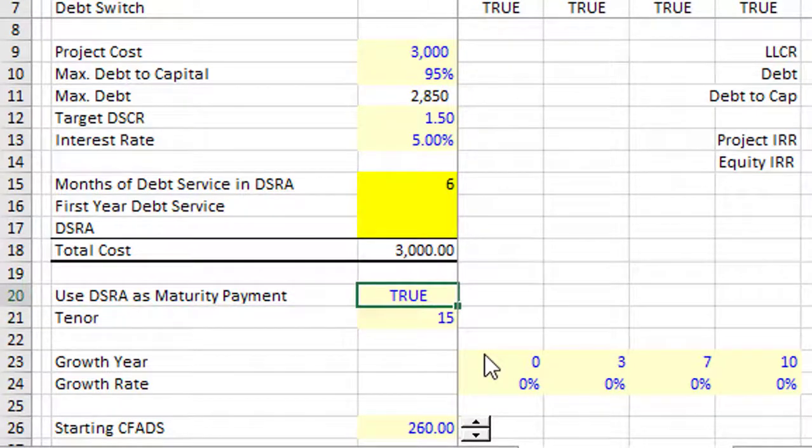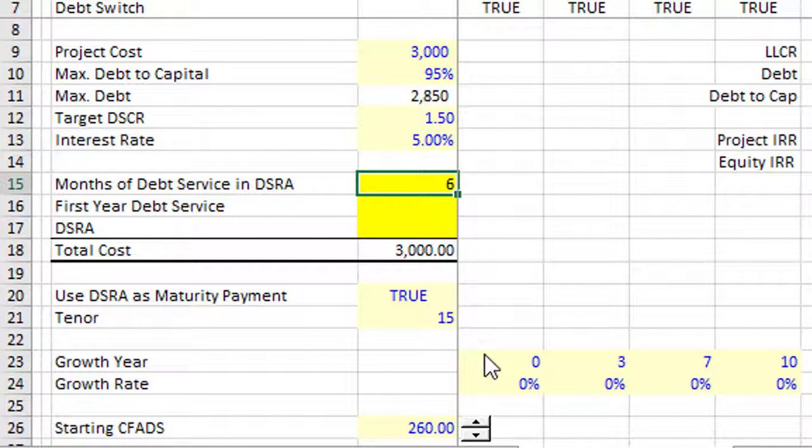We're going to put a true and false and see whether we have an extraordinary big blip in the cash flows, or alternatively, whether we take the DSRA and use it as a means to pay off the last debt. If we use the DSRA to pay off that last debt, that means we essentially have more cash flows, and we can increase the cash flows.